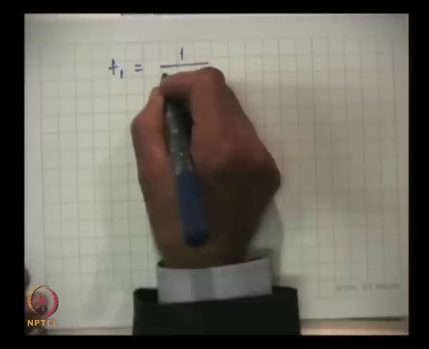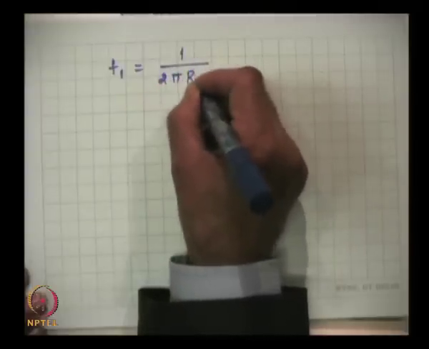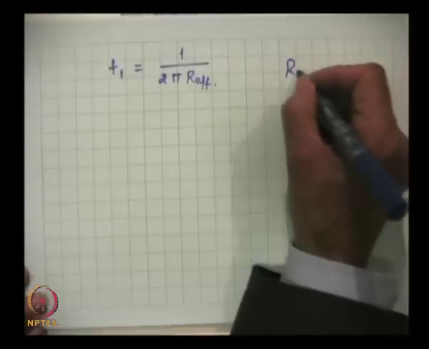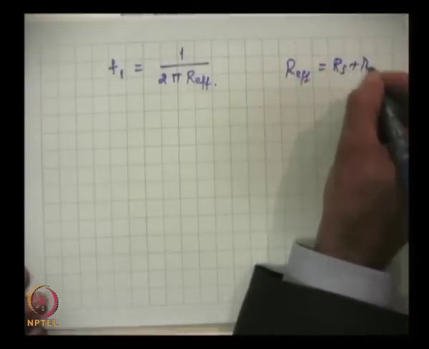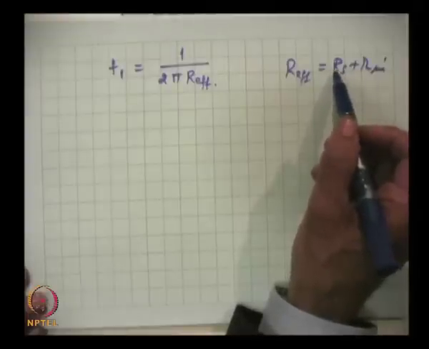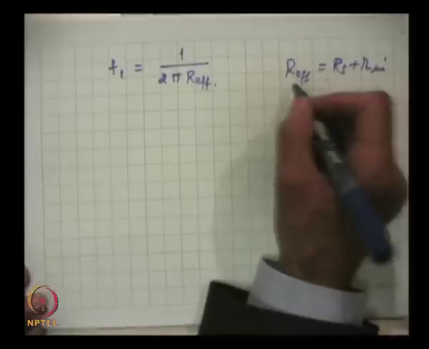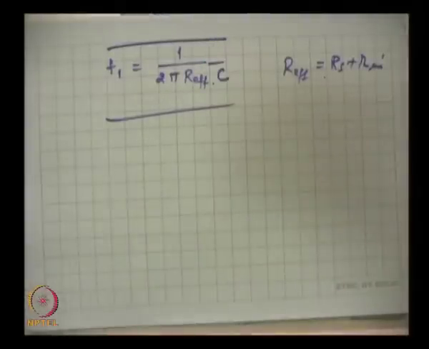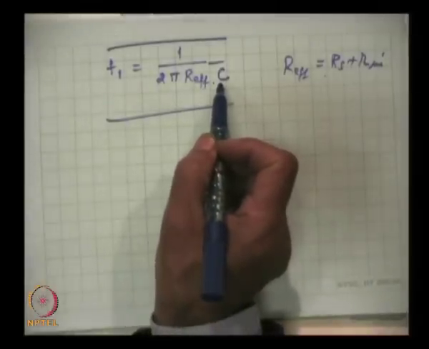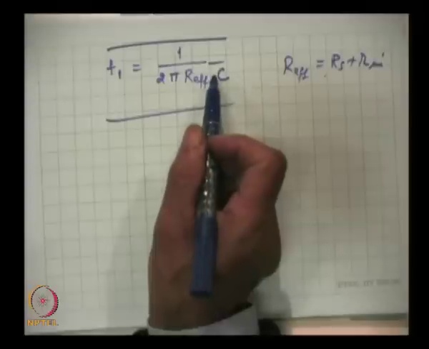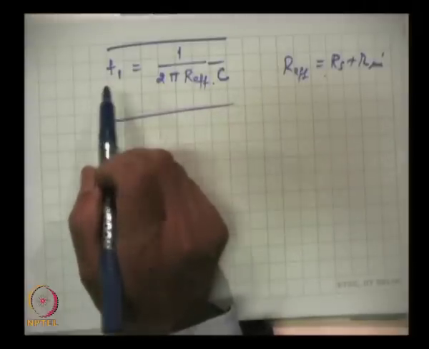We can write this as F1 equal to 1 by 2 pi R effective C, where R effective may be, for example, Rs plus R in, or if Rs is 0 or very low in comparison, then it will simply be R in into C. This is the expression for the lower cutoff frequency, and if we know the value of this capacitance, we can find the cutoff frequency below which the circuit is not normally used.